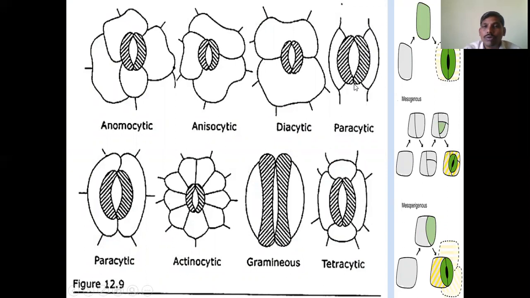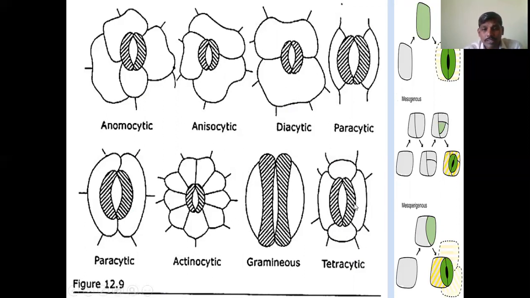Both these subsidiary cells are merged in the polar regions, or upper and lower pole. In this way, four main types of stomata were identified by Metcalfe and Chalk. Along with these four types, other types are also there.